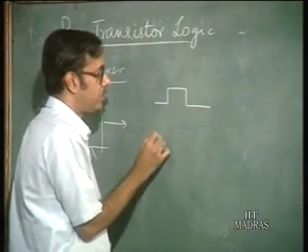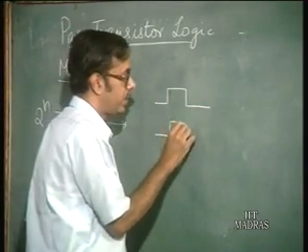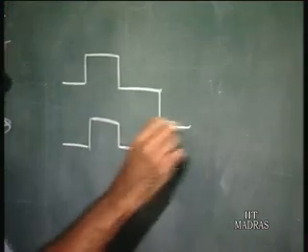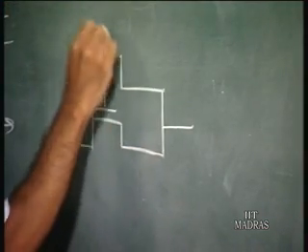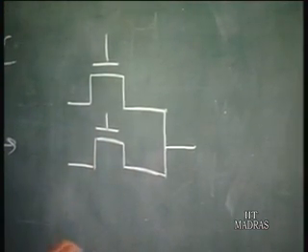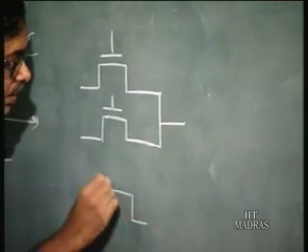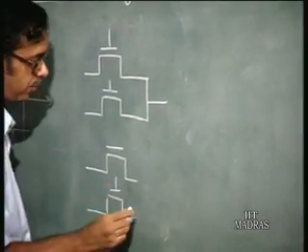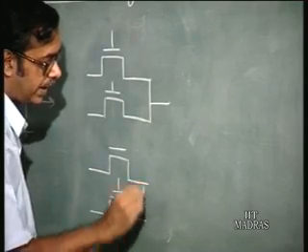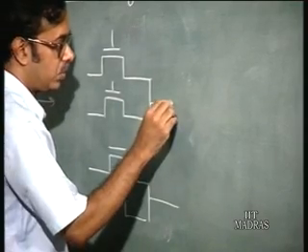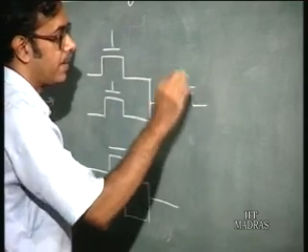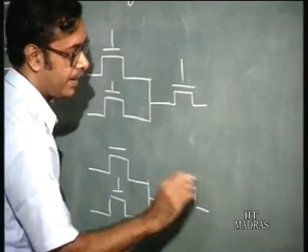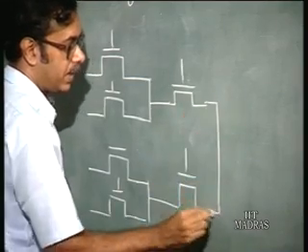Normally if you used gates to realize that, you would require a large number of gates. So suppose I want just a 4 to 1 multiplexer, that is, you have 4 inputs, and you would require 2 control inputs to realize this 4 to 1 multiplexer.